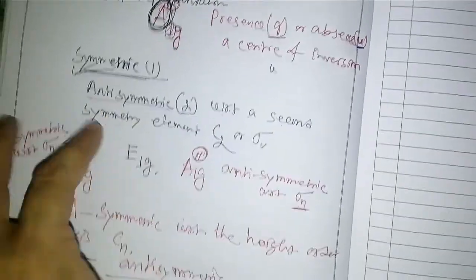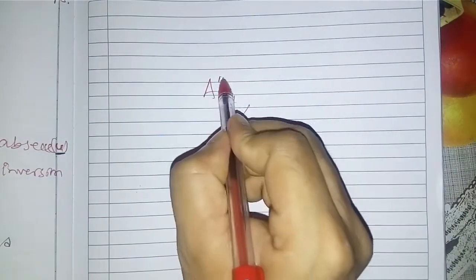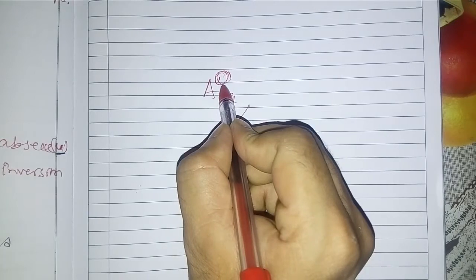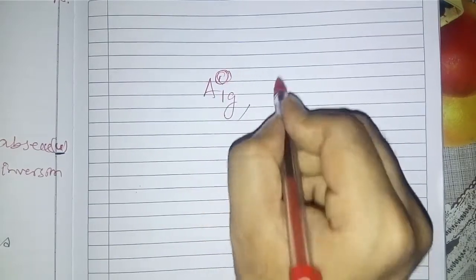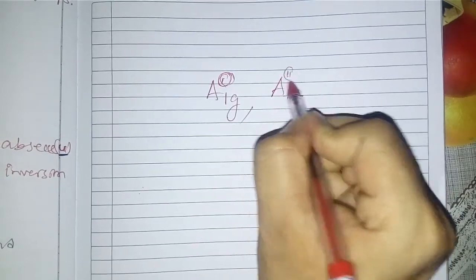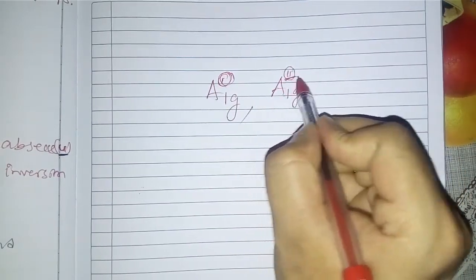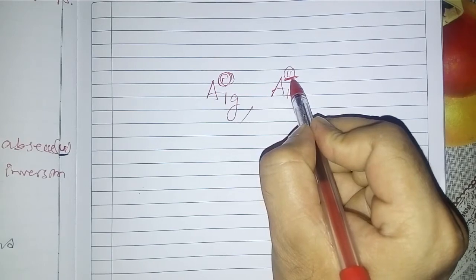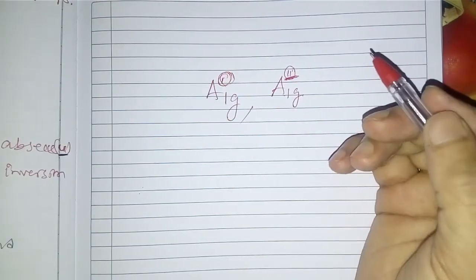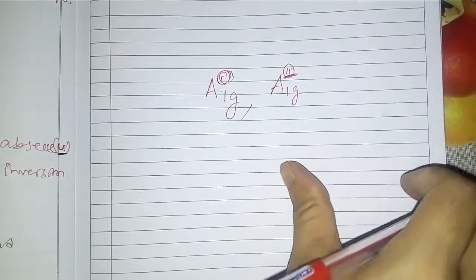So I can write here again, suppose A1g. So A1g, if single prime, what is this? This single prime is called symmetric with respect to sigma h. If A1g double prime, so what is double prime called? This double prime is anti-symmetric with respect to sigma h.